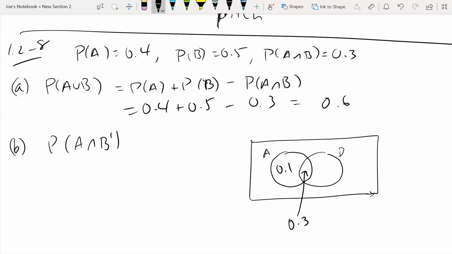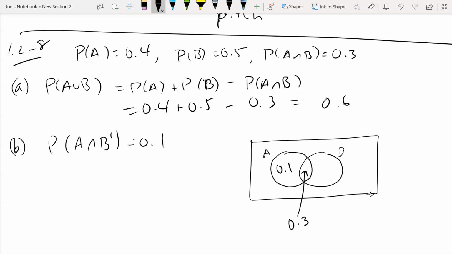Because what we want is probability of A intersect B complement. That's the stuff in A and not in B. Is that the number we just filled in? So that should be 0.1. Yeah.